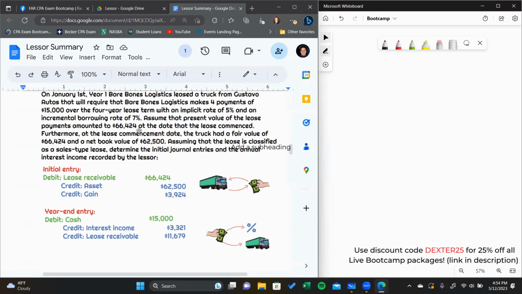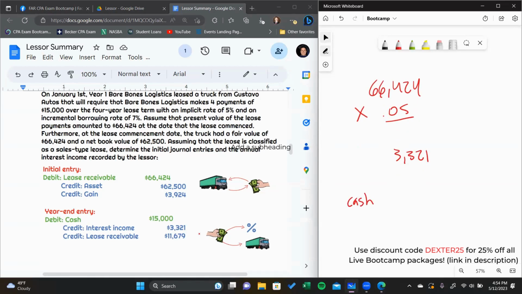And then what we'll do is record interest income. So if we take the lease receivable of $66,424 and multiply this by 5%, that comes out to be $3,321. Every time we get a payment, we're going to record cash of $15,000, right?